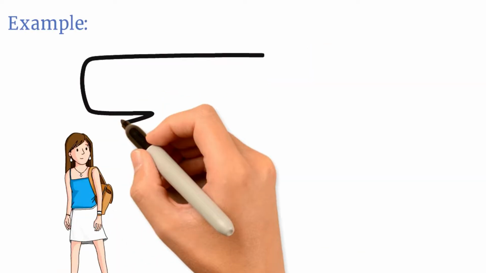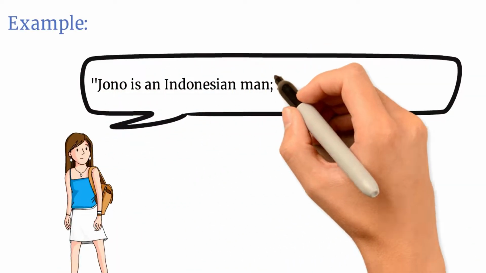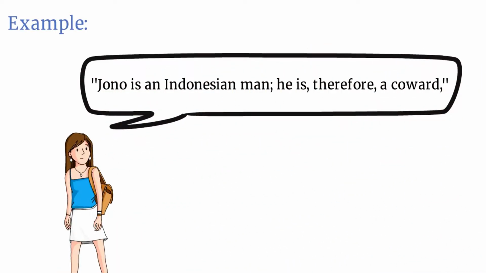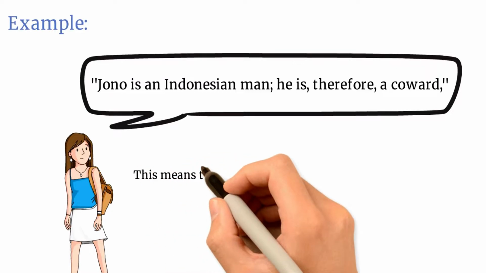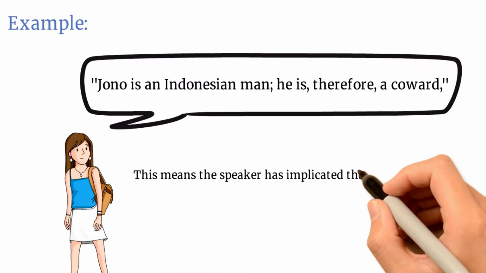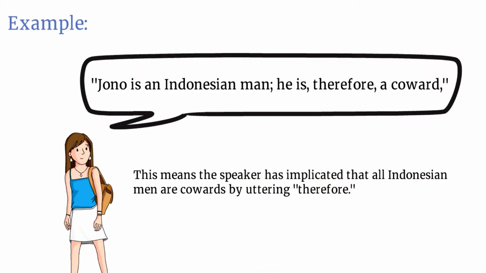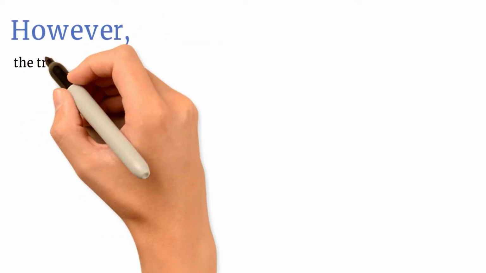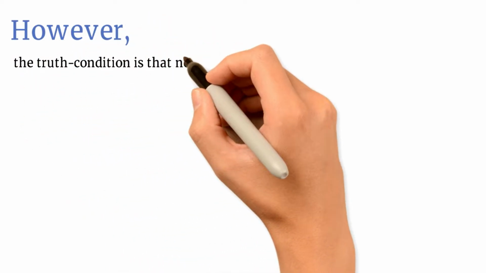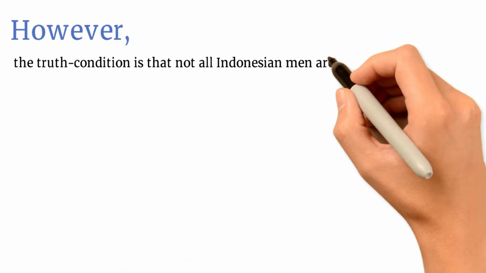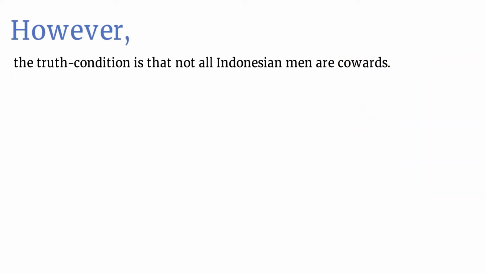If I say the sentence, "Jono is an Indonesian man, he is therefore a coward," I, as the speaker, have implicated that all Indonesian men are cowards by uttering therefore. However, the truth condition is that not all Indonesian men are cowards, since I don't say that all Indonesian men are cowards, I just implicated it and not entailed it.